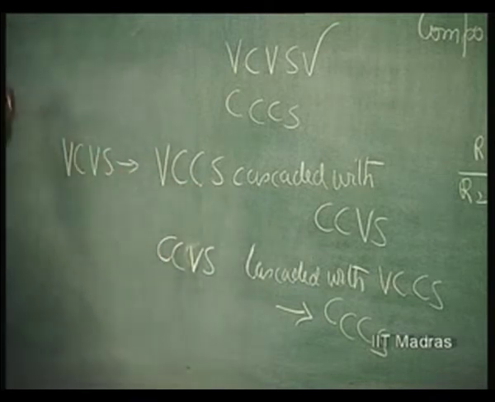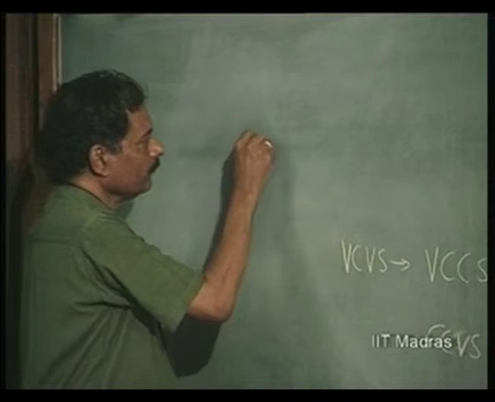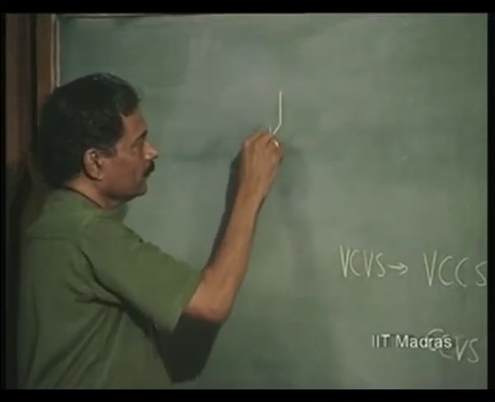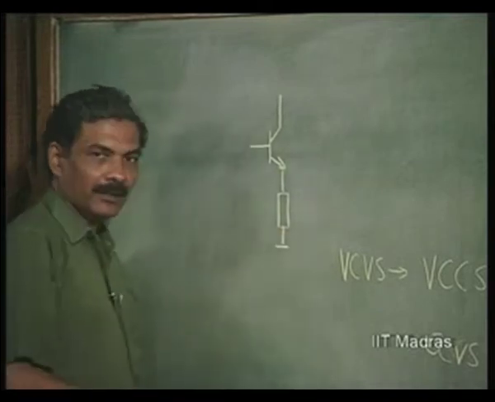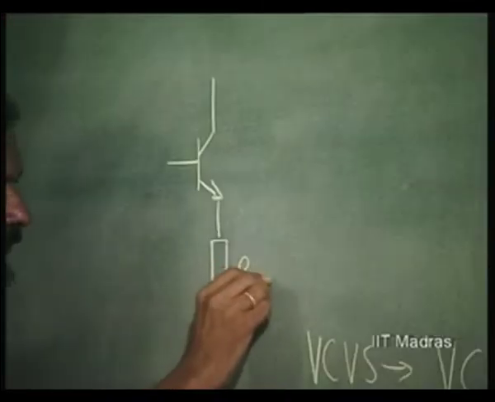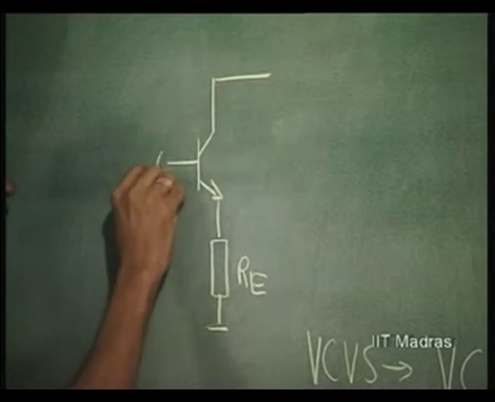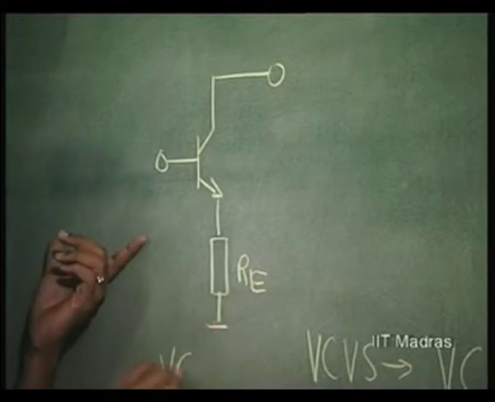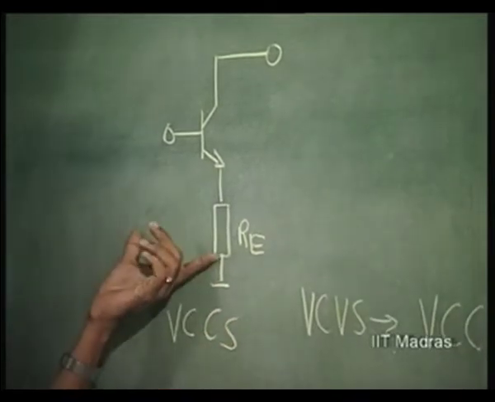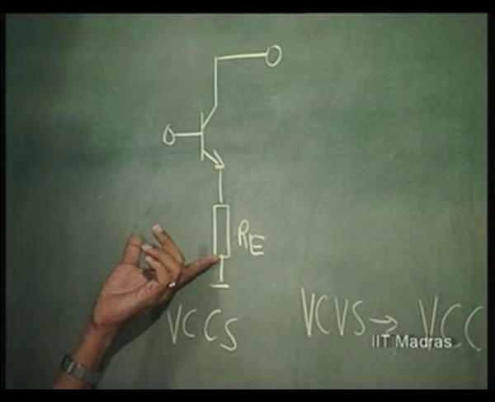So, we know that, for example, by giving Z feedback, we are able to realize voltage controlled current source. This we had discussed in the last class.